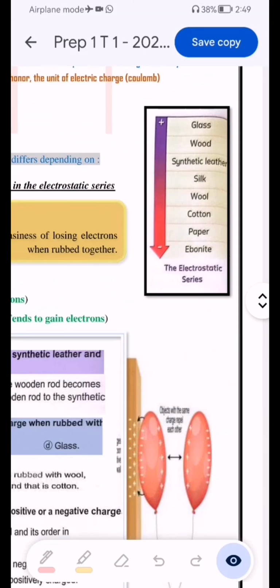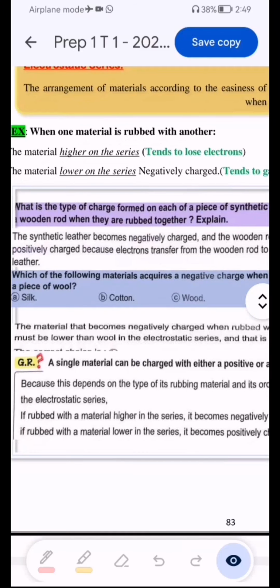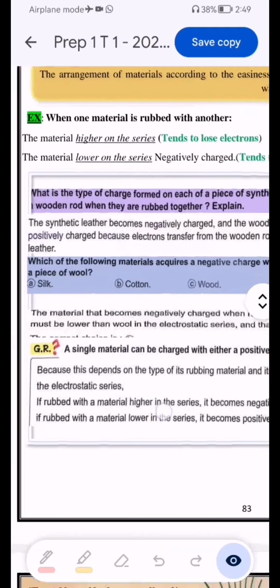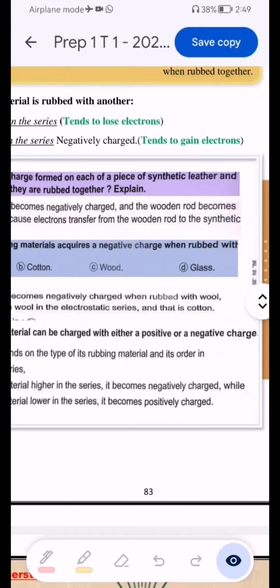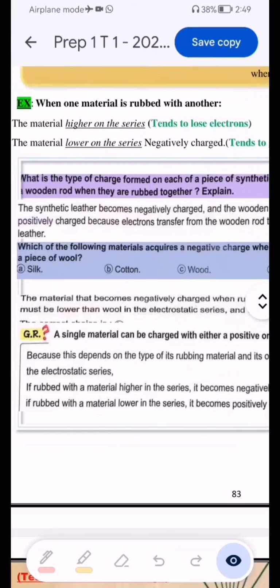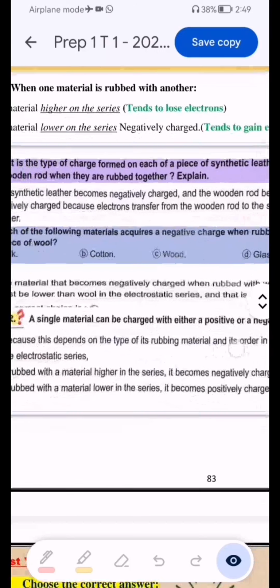Will lose electrons and become positive, but leather will gain these electrons and become negative because the wood is higher in the electrostatic series. As we said, the higher will lose and the lower will gain. The thin stick leather becomes negatively charged and the wooden rod becomes positively charged because electrons transfer from what? Wood to thin stick leather.